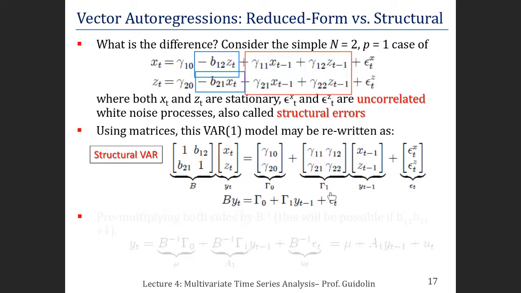So there is a matrix gamma 1 multiplying the lag of xt and zt, and this lagged copy is a lagged copy of yt, so yt minus 1. Finally, I collect the two structural shocks, epsilon tx and epsilon tz, in a vector called epsilon t. And here in the middle of the slide, you see the model written just using vectors and matrices.